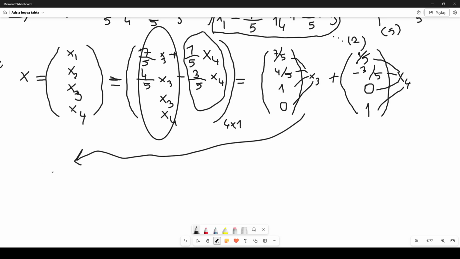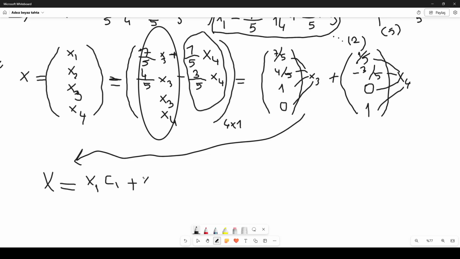Say x is our general solution. The general solution of a homogeneous system should be in a form like this that I will write on the right hand side of the equality sign. Say the xi's are the free variables, and we have x1 times, say, c1, and c1 is just a matrix like the one we used here, you see.